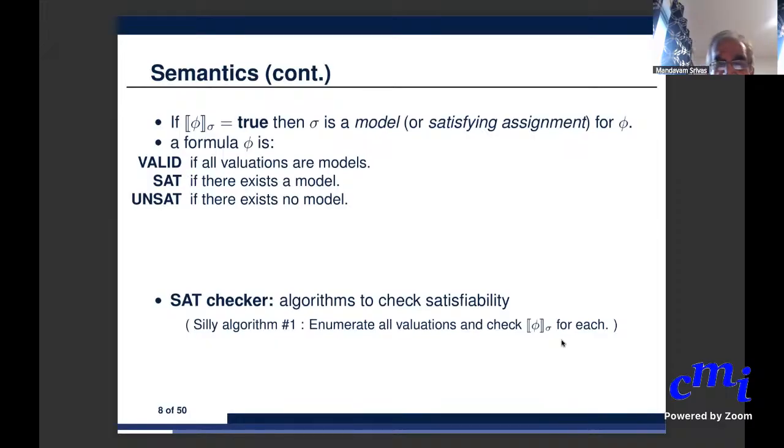That is what you call the truth table. But modern day SAT checkers use a lot more sophisticated algorithms with a lot of heuristics to make it quite efficient in practice. Okay, and we will get to that later.